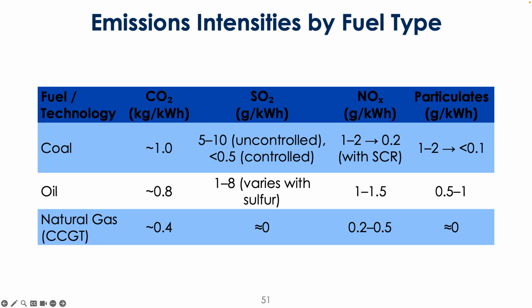And then particulates, not as bad with natural gas, right? Because the fuel stream tends to be a lot cleaner. Whereas with coal, it's going to be quite a bit worse, but there are certain control technologies and scrubbers that will help reduce some of this, but not totally to zero.